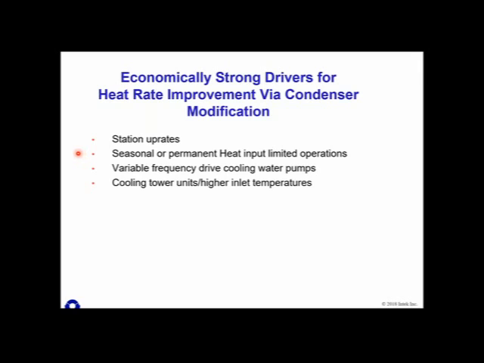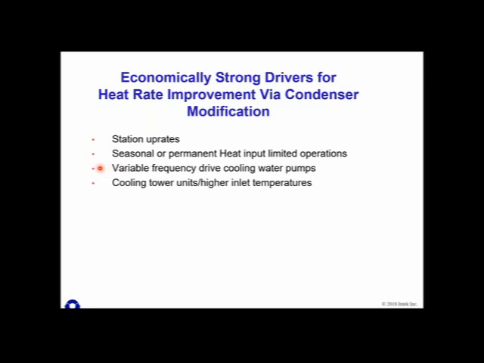If you have seasonal or permanent heat input limited conditions, so you've been at the plant and summer after summer after summer, you can't meet demand, you put as much heat into the boiler, fuel into the boiler, and you still can't meet your electrical generation targets, that would be a particularly strong driver for an upgrade project.